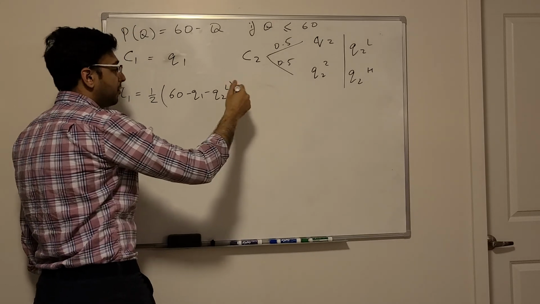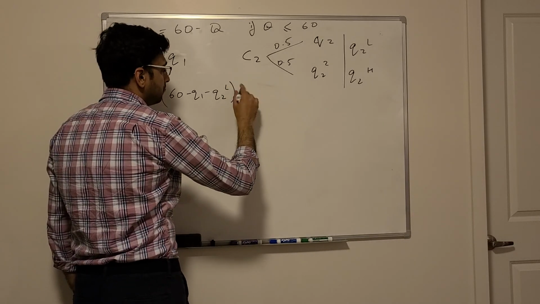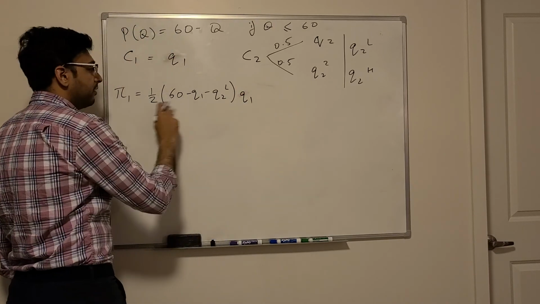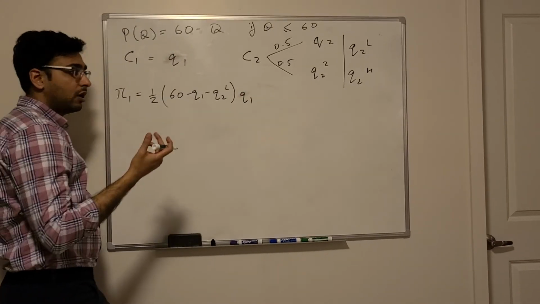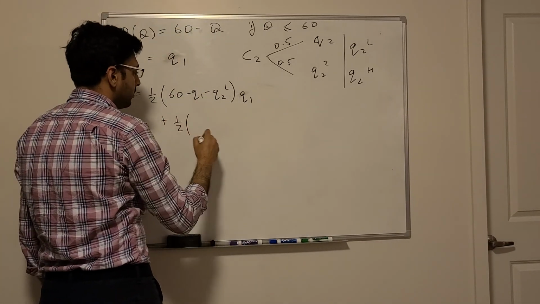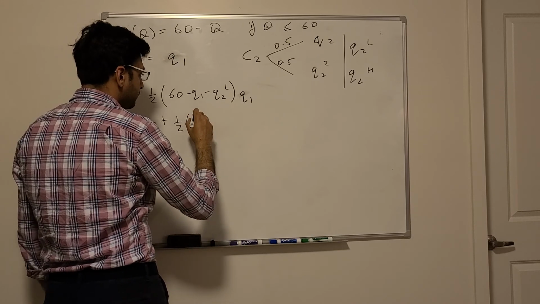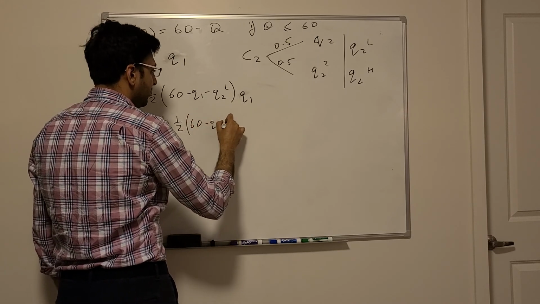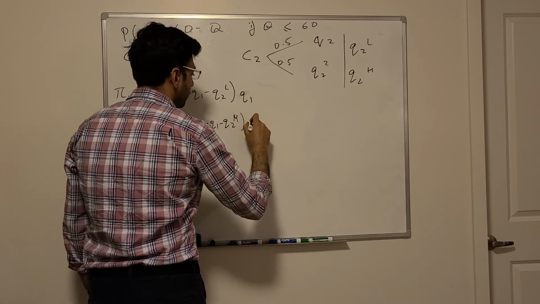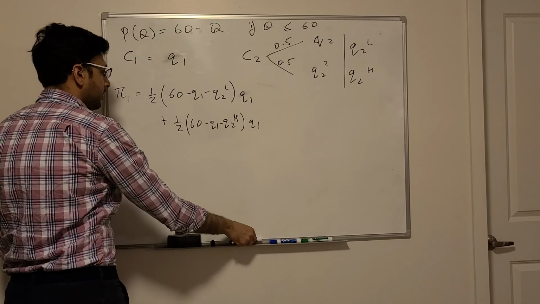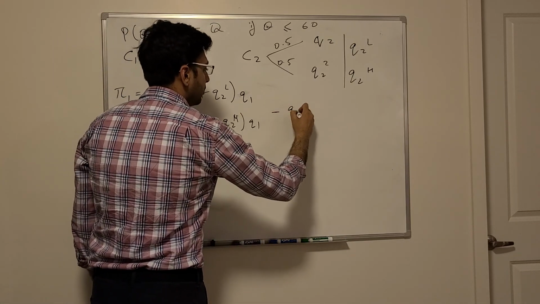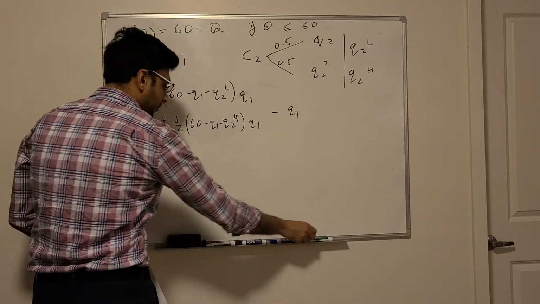You multiply this by Q1 to get the total revenue in this case, plus with a probability 1/2, the price is 60 minus Q1 minus Q2H times Q1, and the total cost is just going to be Q1, right?